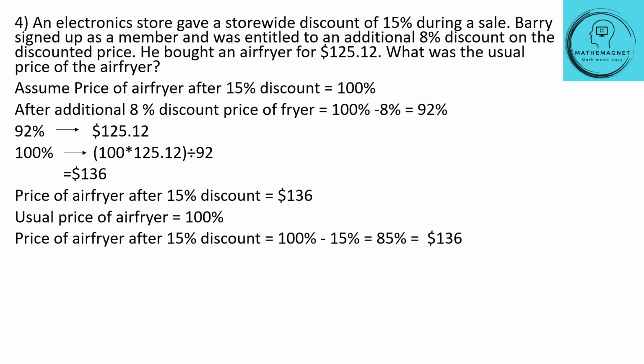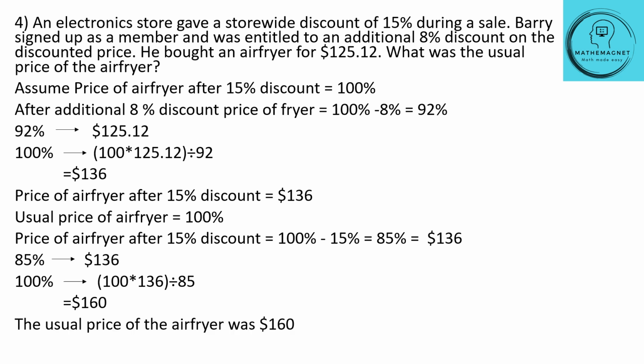The price after 15% discount, so 100 minus 15 will be 85%, is equal to $136. Now 85% is $136, 100% will be 100 into 136 divided by 85, which is equal to $160. So the usual price of the air fryer was $160.